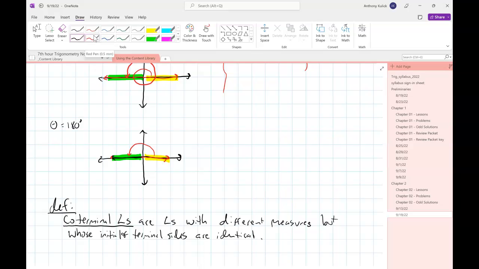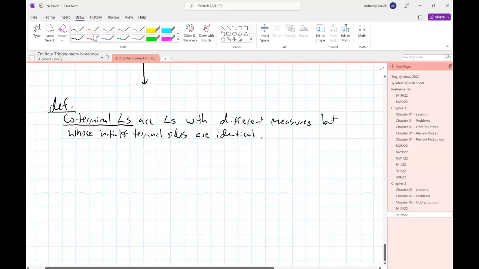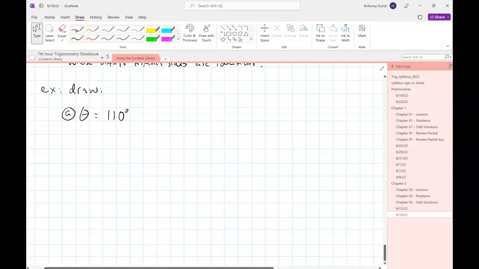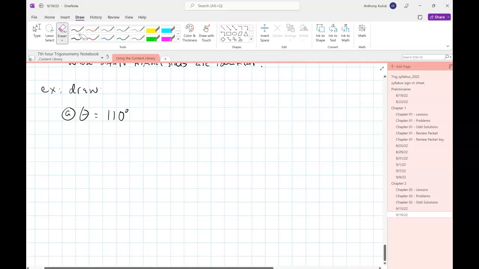All right, my dudes, you ready for some examples to practice with a little bit here? All right, let's just start with some drawings. So if I want to draw, say, 110 degrees, let's say draw in standard position.